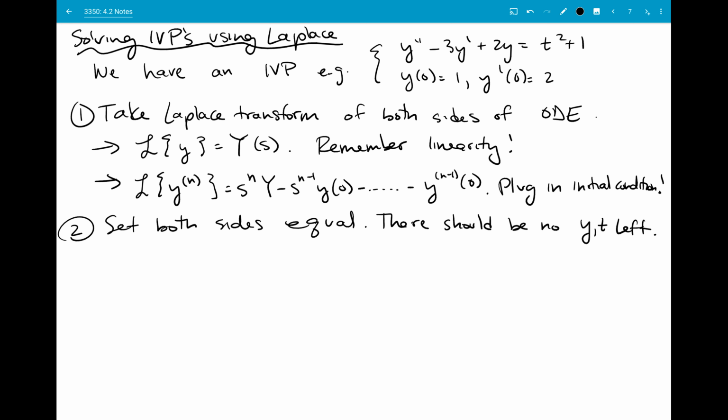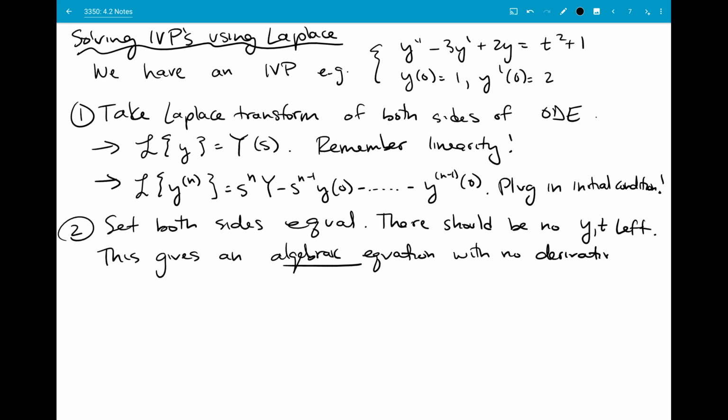And then once you've done that, this gives an algebraic equation with no derivatives. And that'll maybe be more clear when we start doing examples.